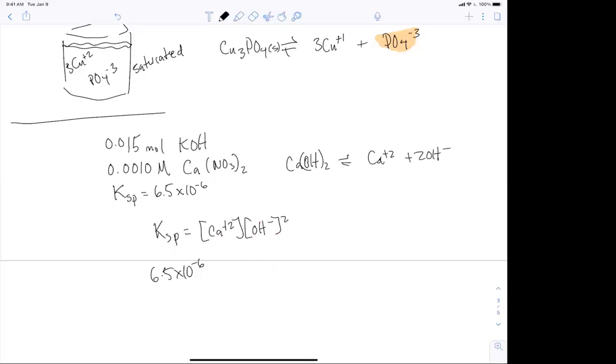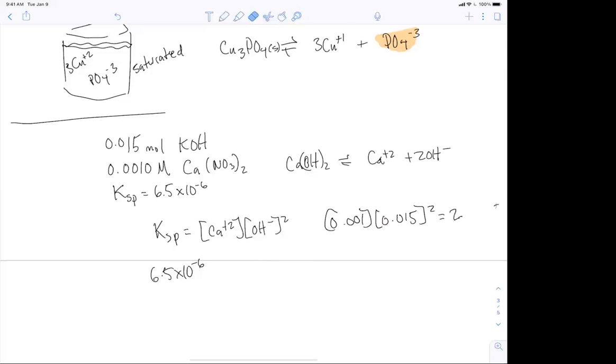So all we have to do is take the calcium concentration, which is 0.001, and multiply that times 0.015 squared. What we get is 2.3 or something around that.